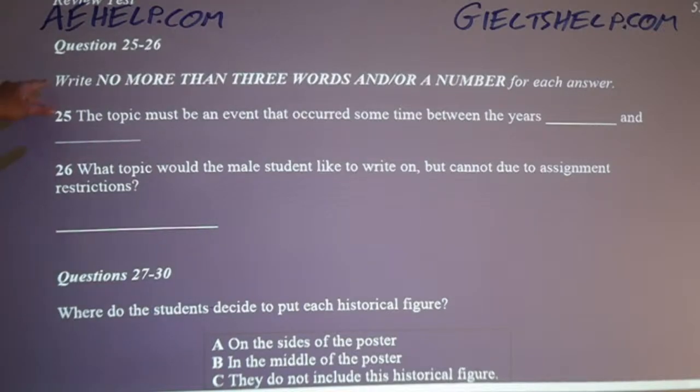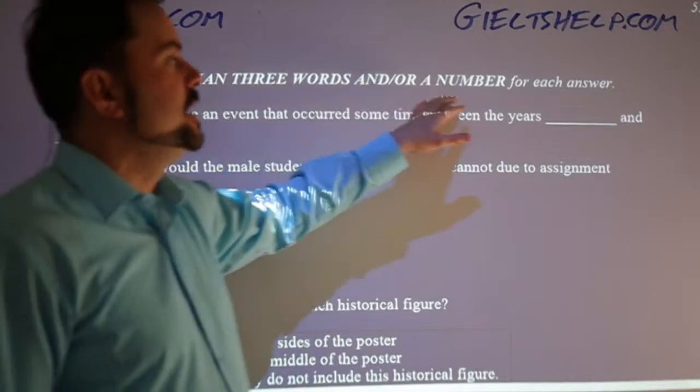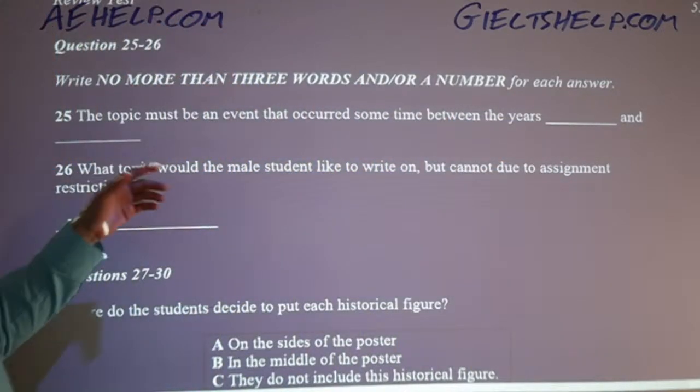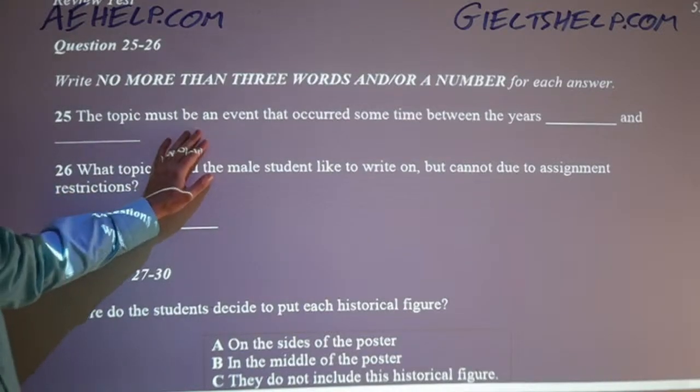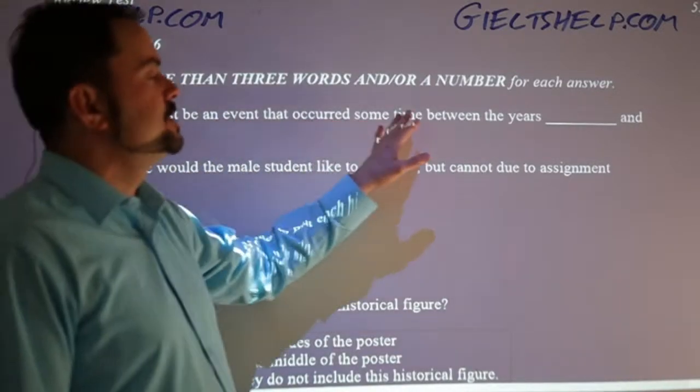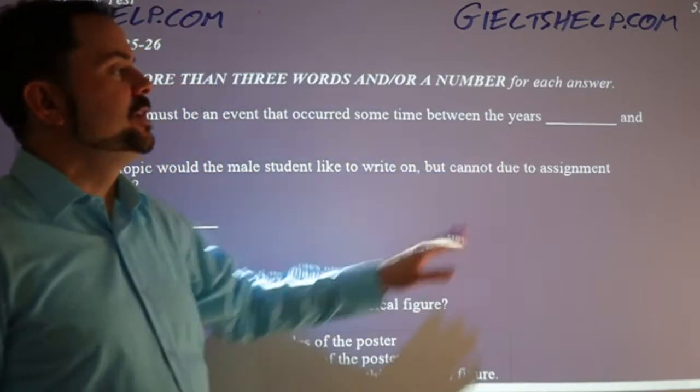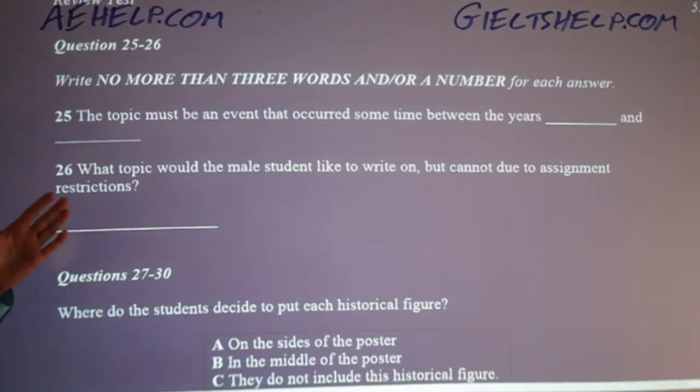All right, so question 25 to 26. Write no more than 3 words and/or a number for each answer. Here you needed 2 for number 25. The topic must be an event that occurred sometime between the years something and something. So Baccarat, Marjona, Jack Williams say 1400 and 1800.